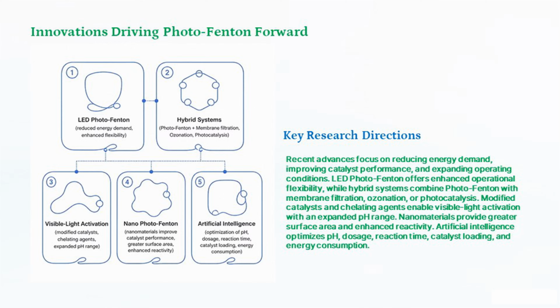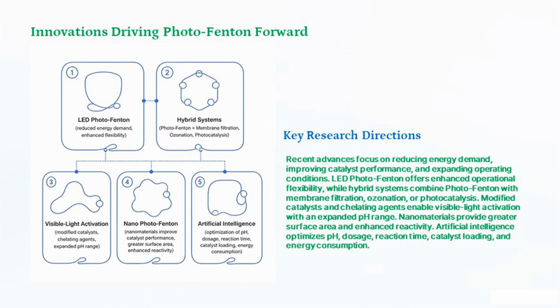One of the most exciting developments is the use of artificial intelligence. Machine learning algorithms can optimize reaction parameters such as pH, catalyst dosage, reaction time, and energy consumption. These innovations are making Photo-Fenton smarter, more efficient, and more suitable for large-scale industrial applications.